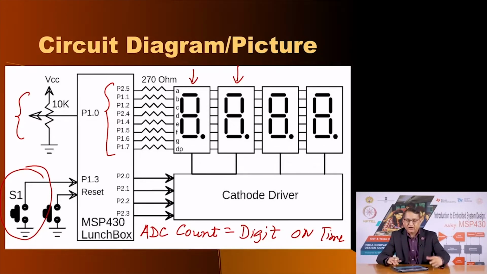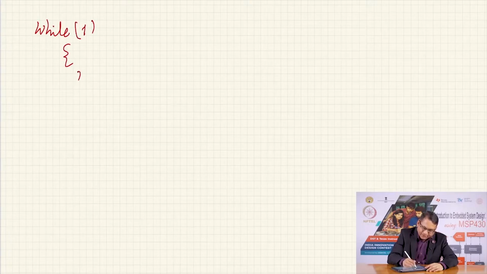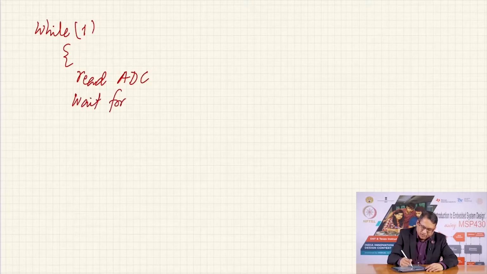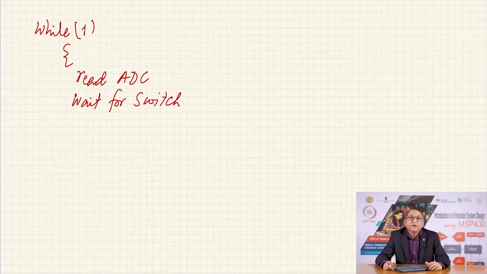How? So, we write an infinite loop like this, while 1, and then in that loop we say read ADC, read the appropriate channel of ADC, then wait for the switch to be pressed. Now, what if the switch is not pressed?